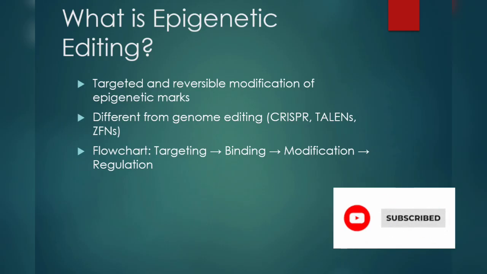DNA या histones पे जो भी chemical marks होते हैं जो gene expression के, वो सिर्फ उसको alter किया जाता है, and that is also reversible. It is targeted, हम टारगेट करते हैं स्पेसिफिक सीक्वेंस को और वो रिवर्सिबल होता है, और वो पर्टिकुलर डीएनए मार्क के केमिकल मार्क को ही टारगेट करते हैं सिर्फ. ठीक है, ये पूरा डीएनए सीक्वेंस को ऑल्टर नहीं करता है. So it is different from genome editing in that manner.